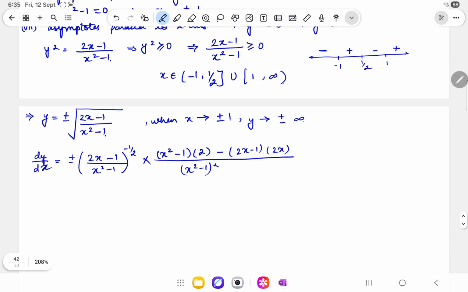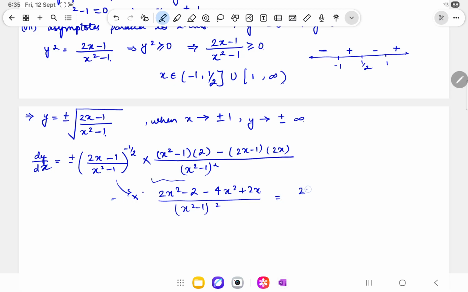I'm simplifying just this term, so it will be this multiplied by 2x square minus 2 minus 4x square plus 2x divided by x square minus 1 whole square. So this is equal to 2x minus 2 minus 2x square divided by x square minus 1 square, into this term, so it will be x square minus 1 divided by 2x minus 1, raised to 1 by 2.